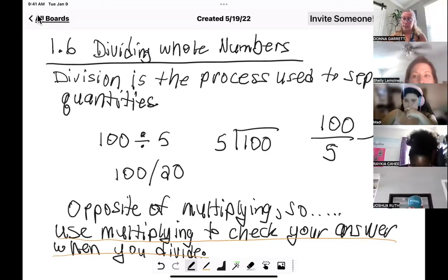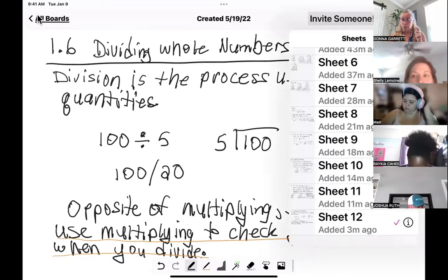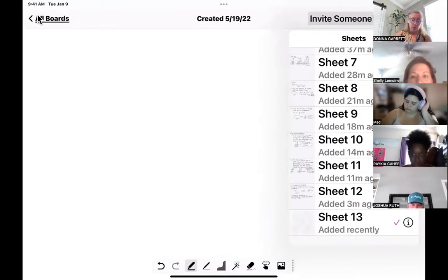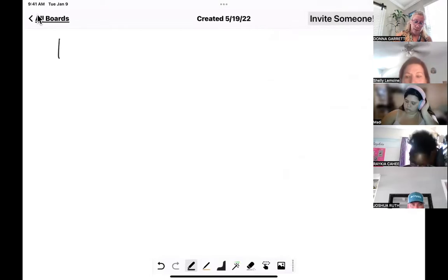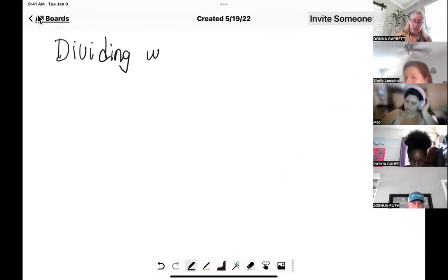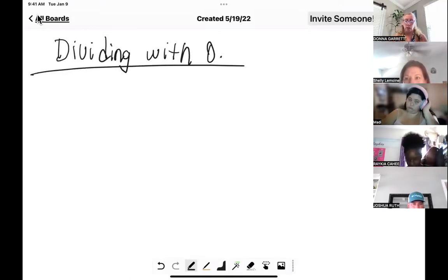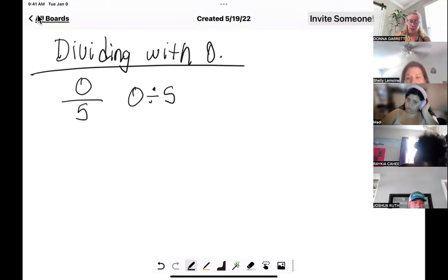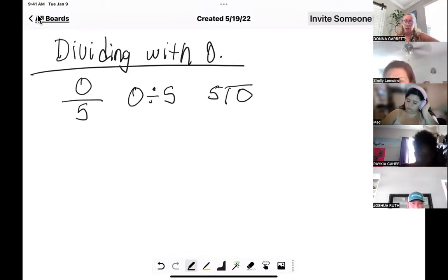Okay, so a couple things about dividing. It's really, really important, and that has to do with 0. Dividing with 0, really important. It gets very confused a lot. So what is 0 divided by 5, whatever way you want to write it?